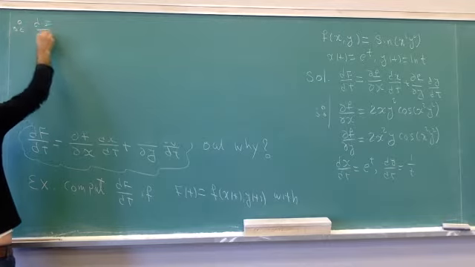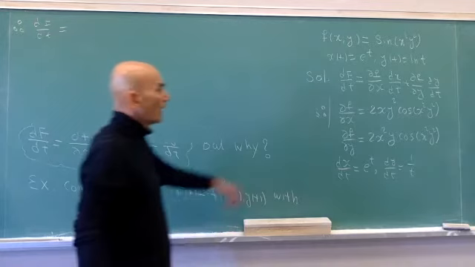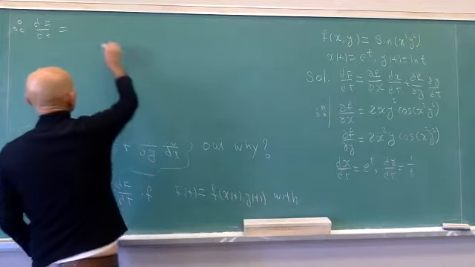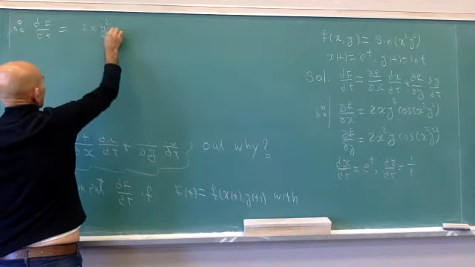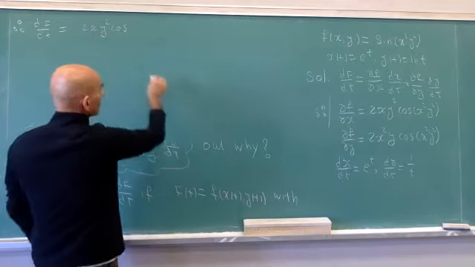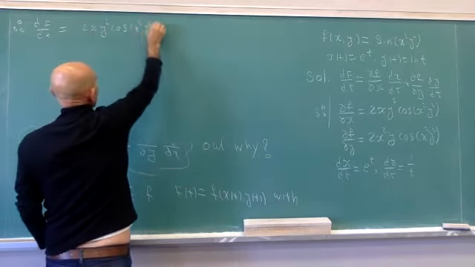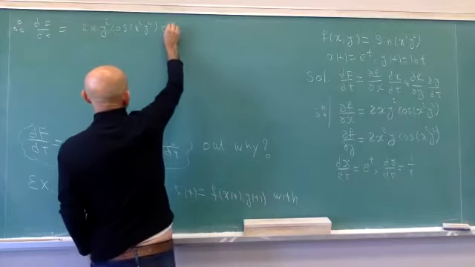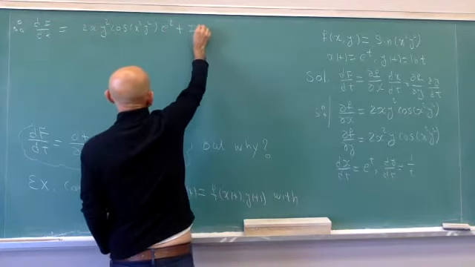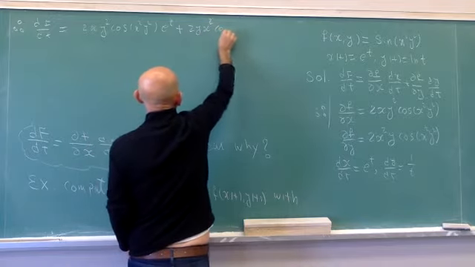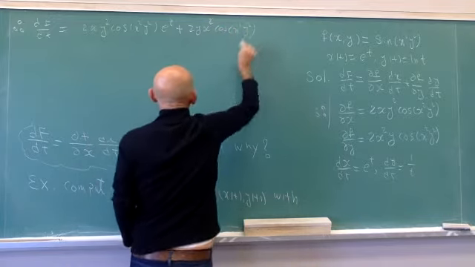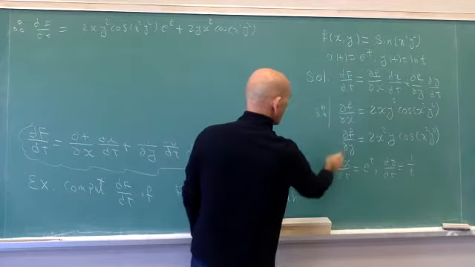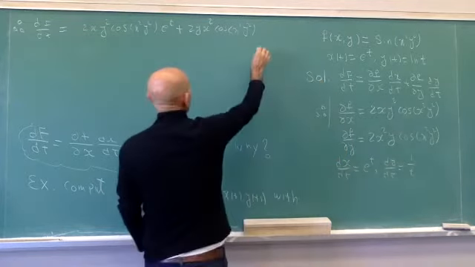df/dt is equal to, well, df/dx is this guy, 2xy² cosine of x²y² times dx/dt, which is e^t, plus 2yx² cosine of x²y² times 1 over t, which is dy/dt.